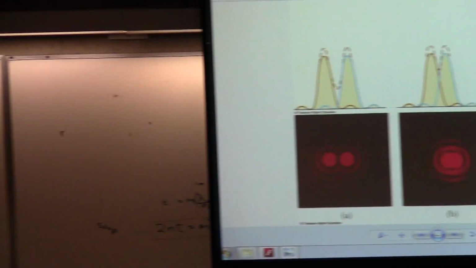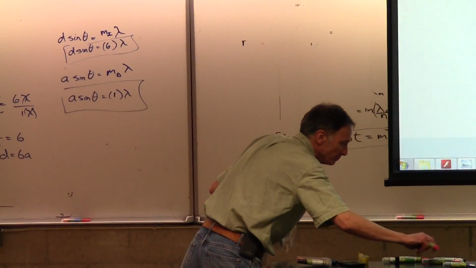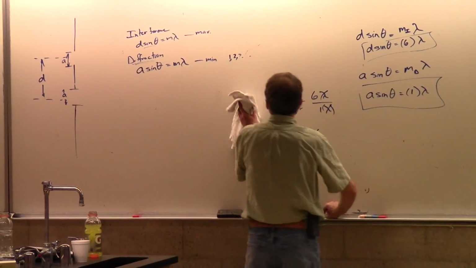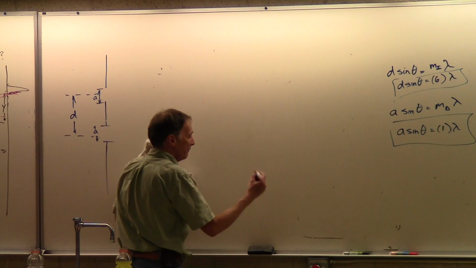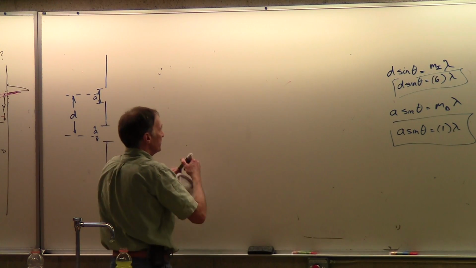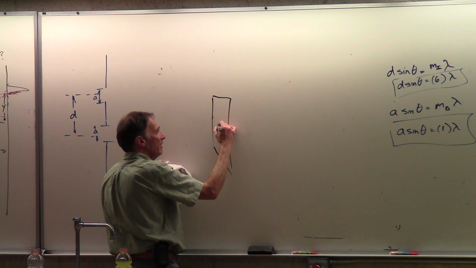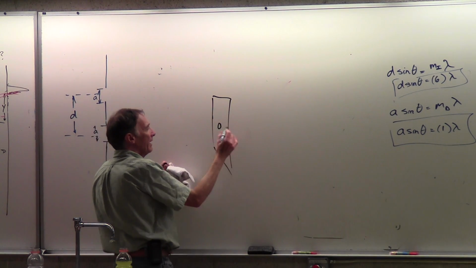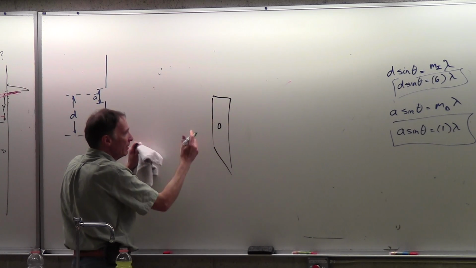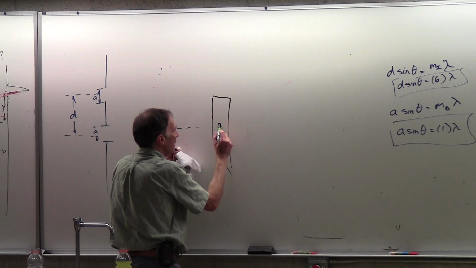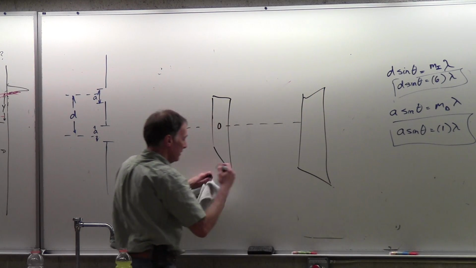So the idea is this, let me sketch it. Let's say I've got a screen with a hole cut out of it, with a diameter of D, and I'm going to shine some light on this, and I'm going to call this the axis, and I can project this back on the screen.